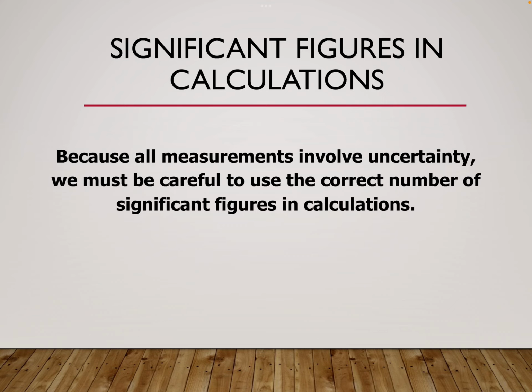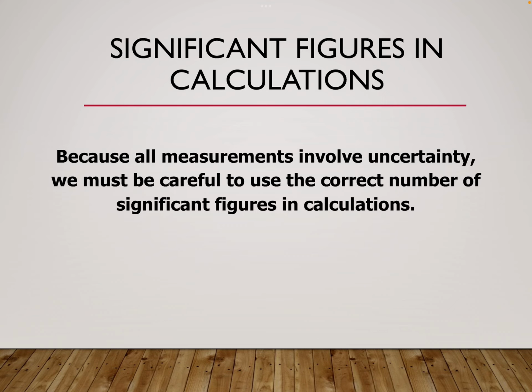Alrighty, let's start doing sig figs with calculations. Since all of our measurements involve uncertainty, we have to be able to correlate that uncertainty with the correct number of sig figs in our calculations. So we make a measurement, we have some numbers, and they're rounded to a certain number of significant figures to tell us a certain precision.